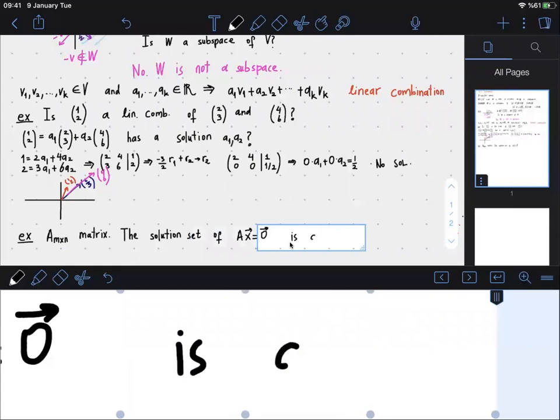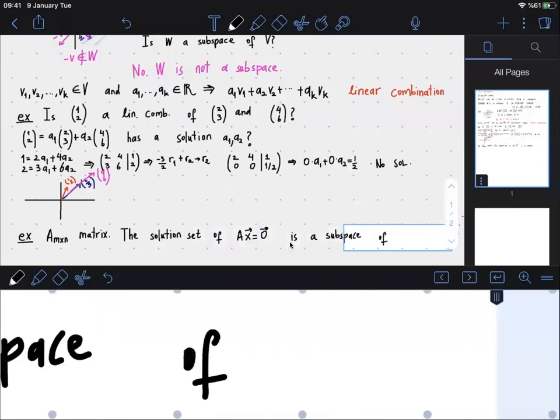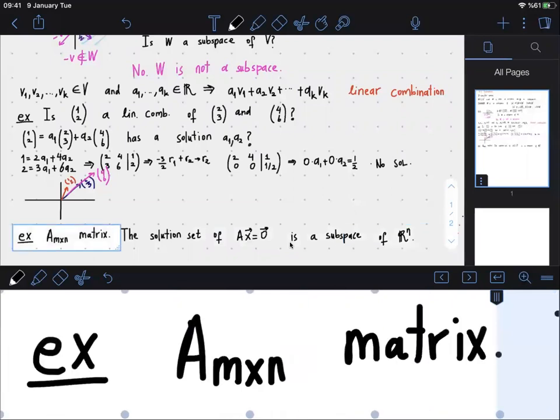This is a subspace, okay? The solution set is a subspace of Rn. I'm not sure if this is an example. This is more like a theorem, okay? Maybe we should call this a theorem.